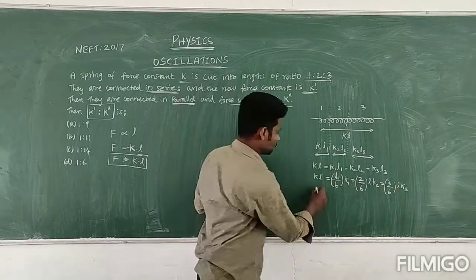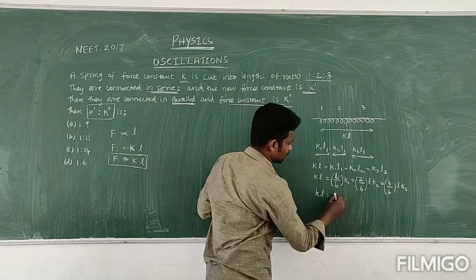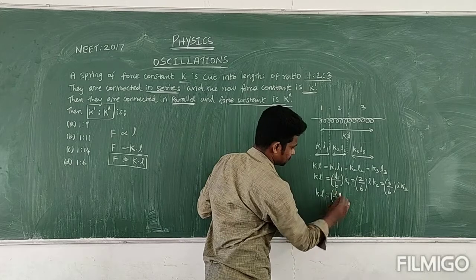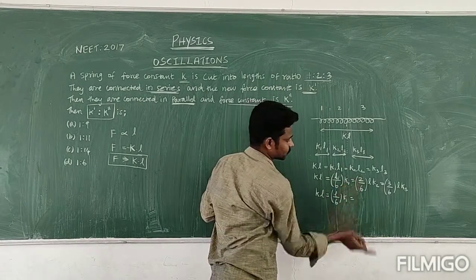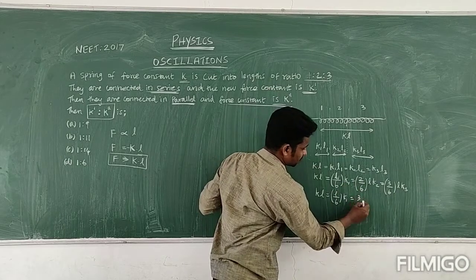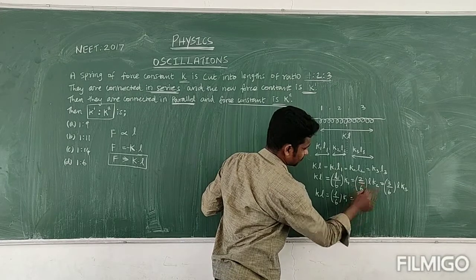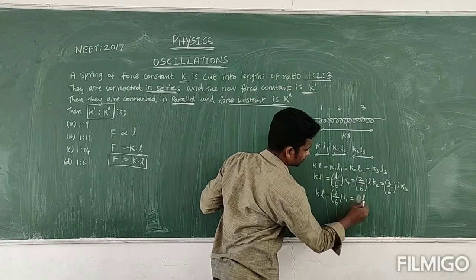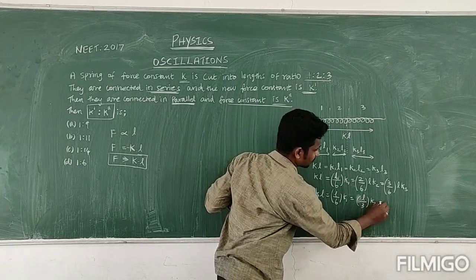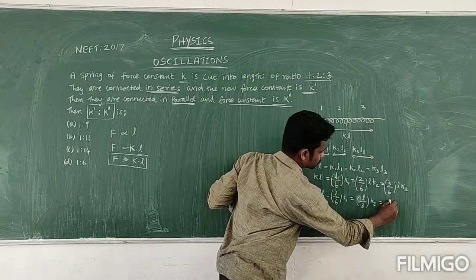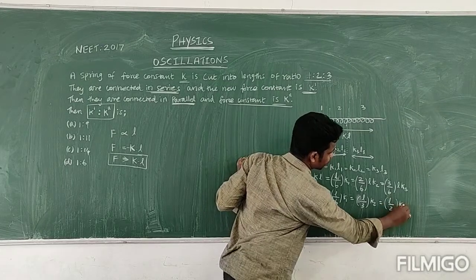Therefore KL is equal to L by 6 into K1, equal to L by 3 into K2, equal to L by 2 into K3.